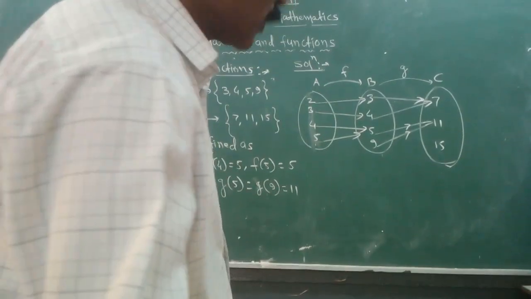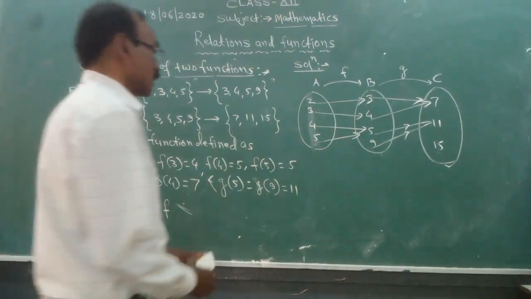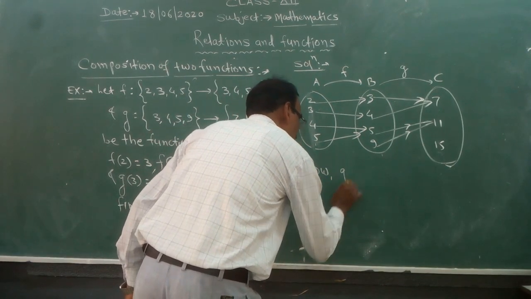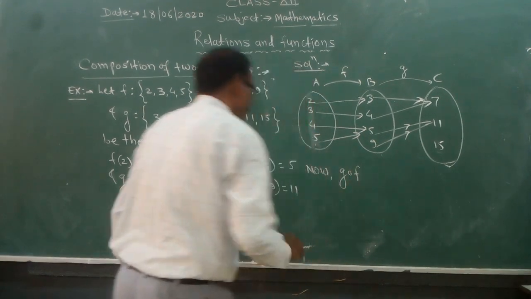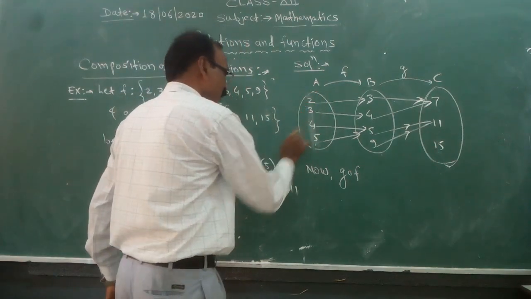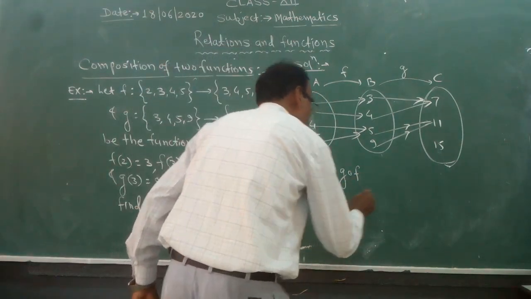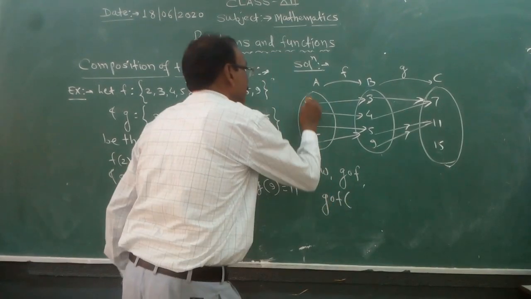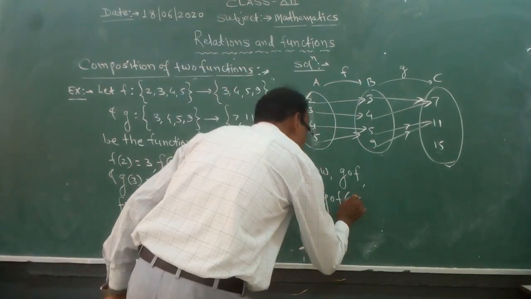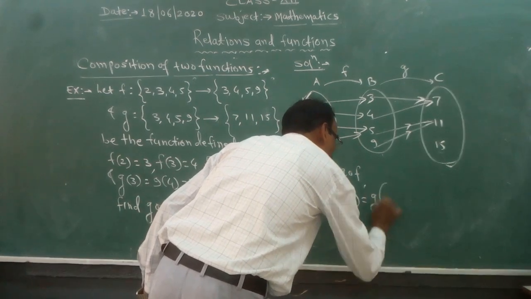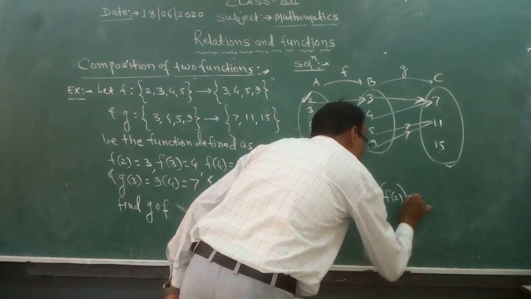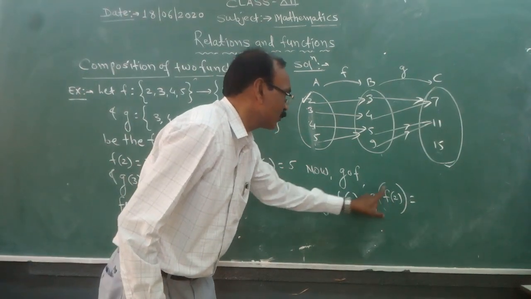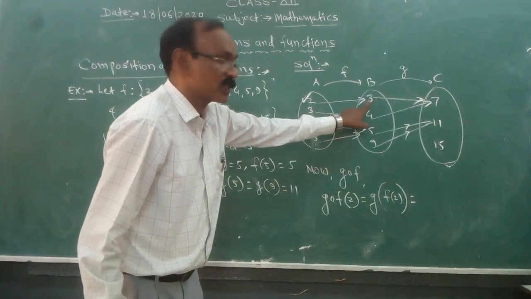Okay. Now you have to find g circle f. So take an element. G circle f of 2 is to be found. G circle f of 2 means g of f of 2. What is f of 2? F of 2 is 3.